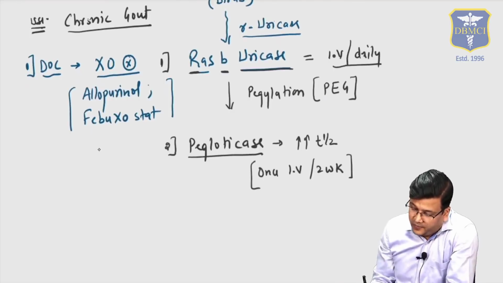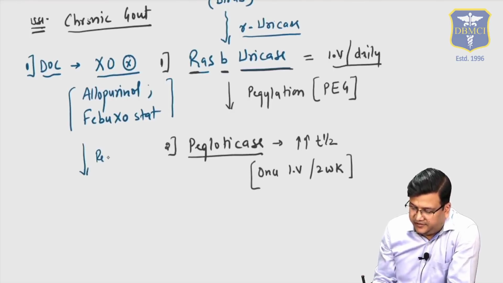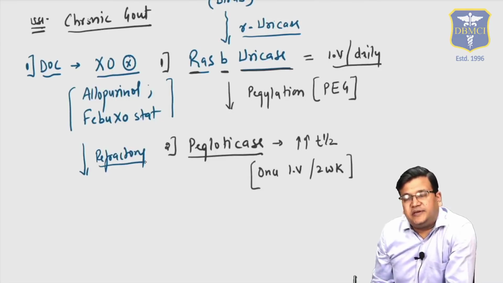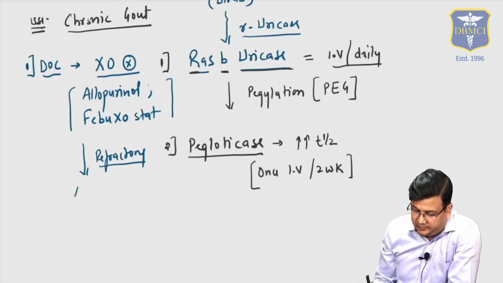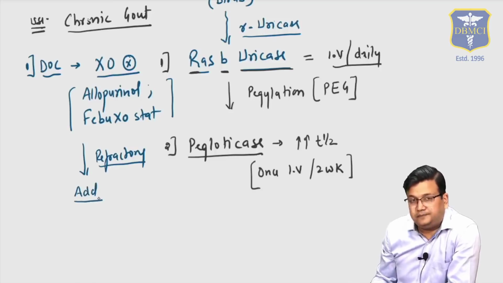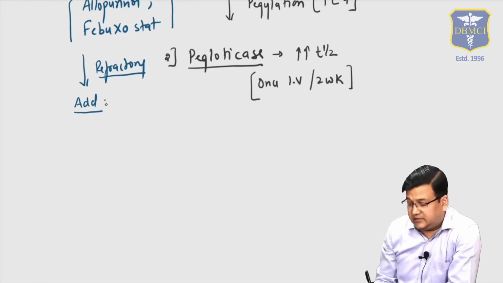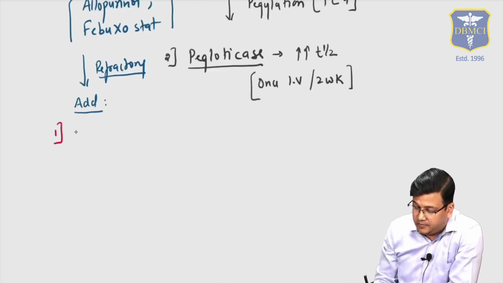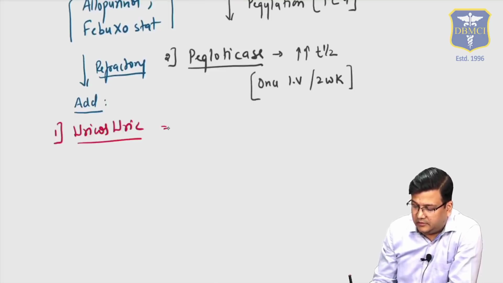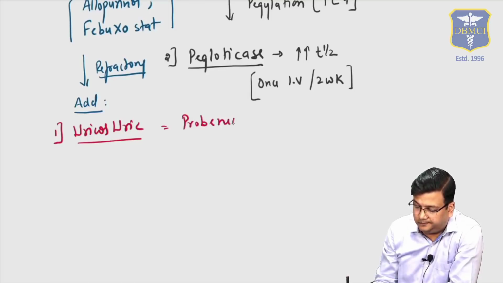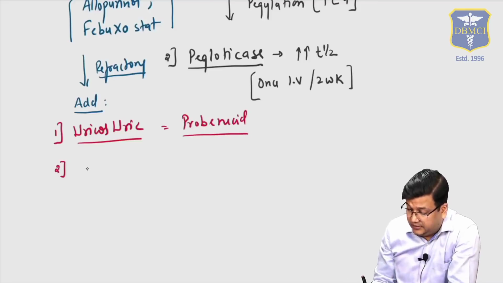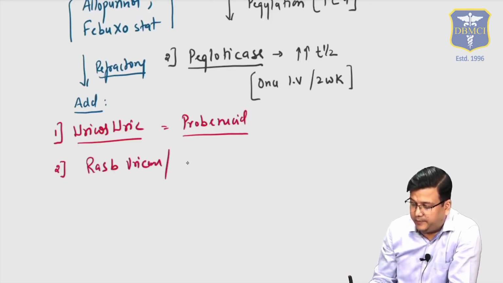However, if gout is refractory, not controlled by xanthine oxidase inhibitor alone, then you can add few other drugs. What are add-on drugs? Number 1, you can add uricosuric drugs like probenecid, or you can add the Rasburicase or pegloticase.